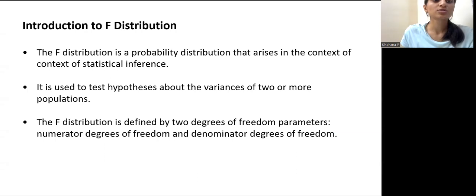It's commonly used to compare variances or test hypotheses about the equality of means from multiple groups. The shape of the distribution depends on two degrees of freedom parameters, one for the numerator and one for the denominator. It's skewed to the right and often used in hypothesis testing to determine if there are significant differences between groups.